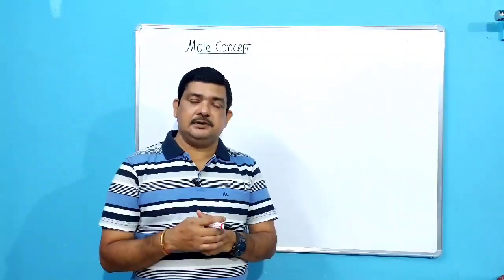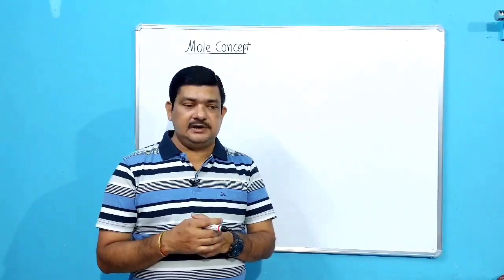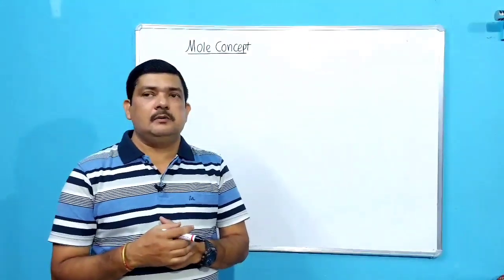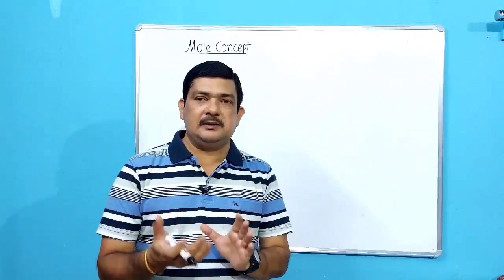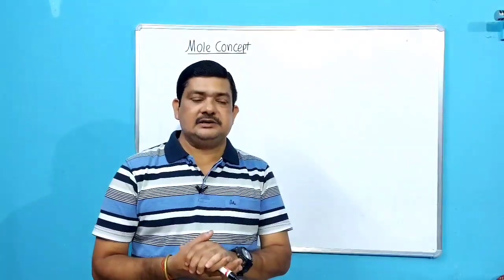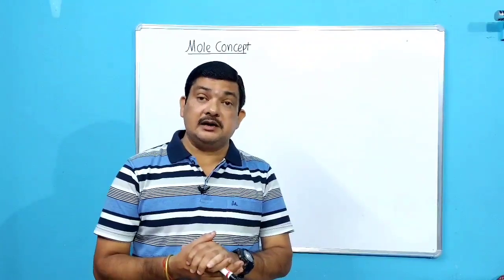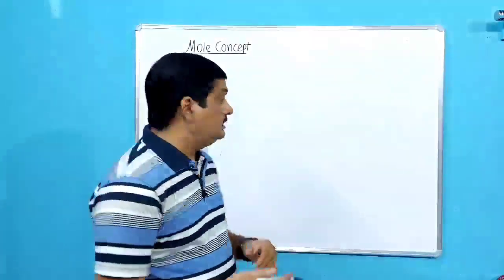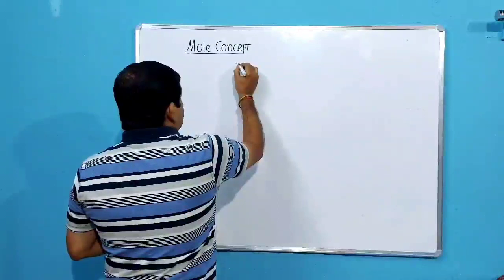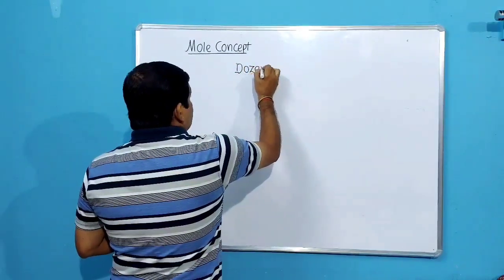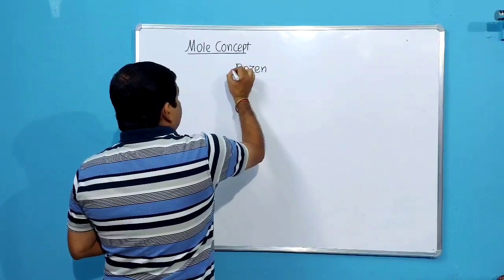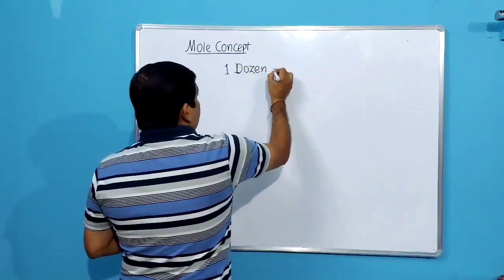Normally in our day-to-day life, we also use bigger units. For example, if you want to buy bananas, you ask for a dozen. You don't ask for one banana, two bananas. You ask the salesman the cost of 1 dozen bananas. So here the general unit which is used is 1 dozen, D-O-Z-E-N. So what is 1 dozen? 12 numbers.